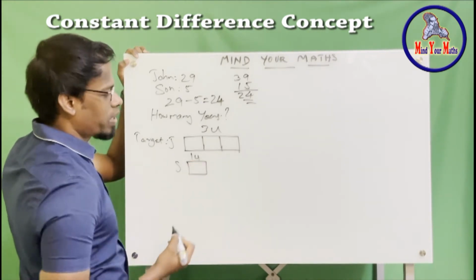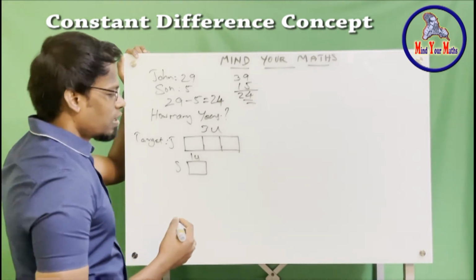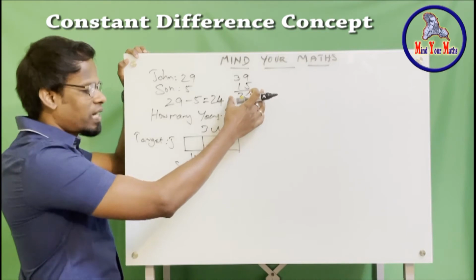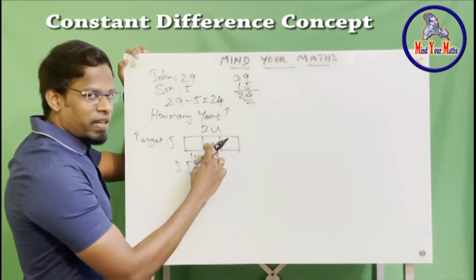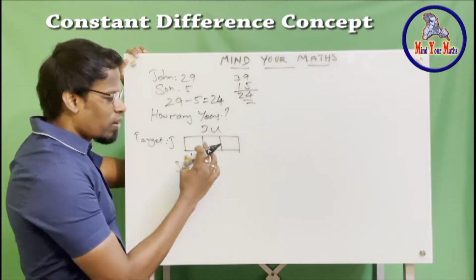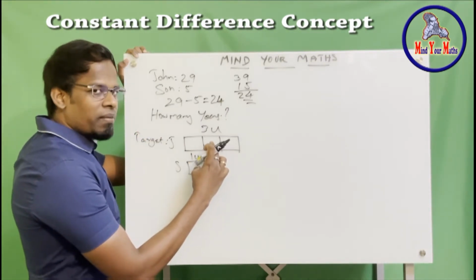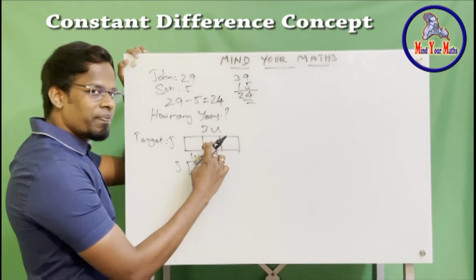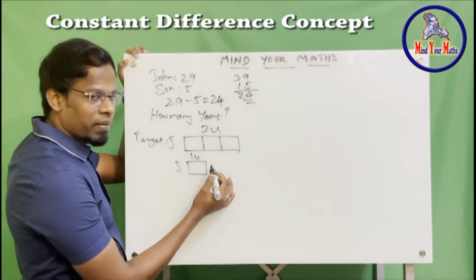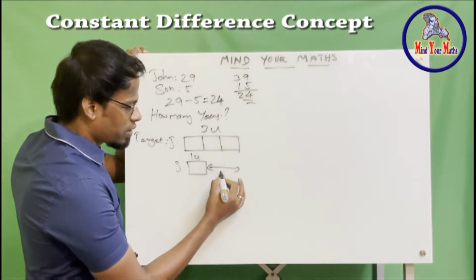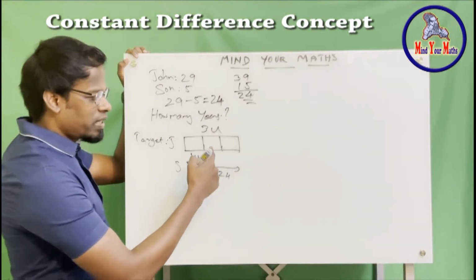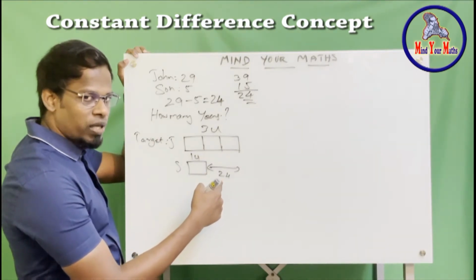Now you see from here, what we understand is that the difference between them will always be 24 years. So here the difference between them in units is how much? Yes, 2. These 2 units are the difference between them, which means these 2 units are 24 years.